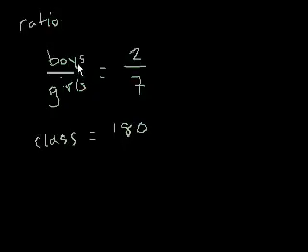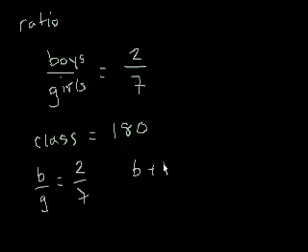Well, let's think about it. We know that the boys to girls is equal to 2 to 7. And we also know that the boys plus girls is equal to 180. So here we have a system of 2 equations and 2 unknowns.